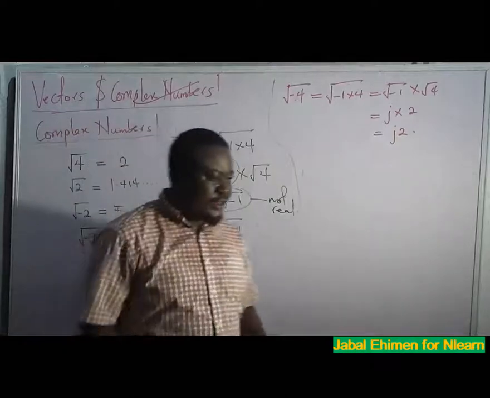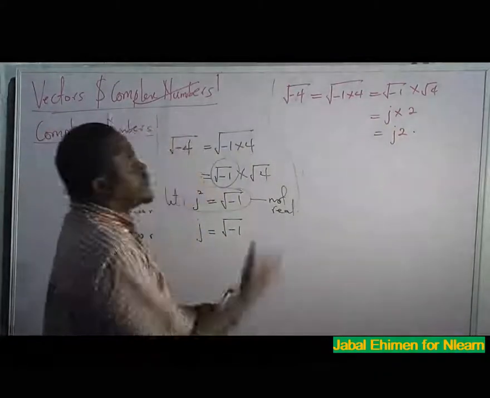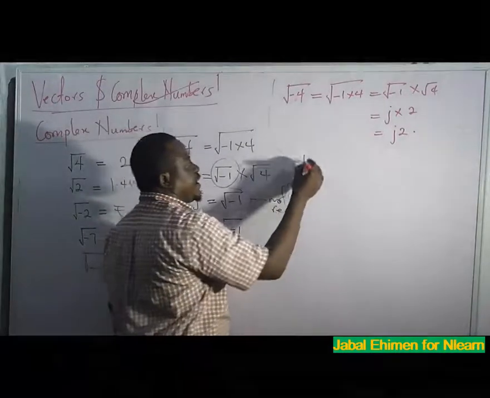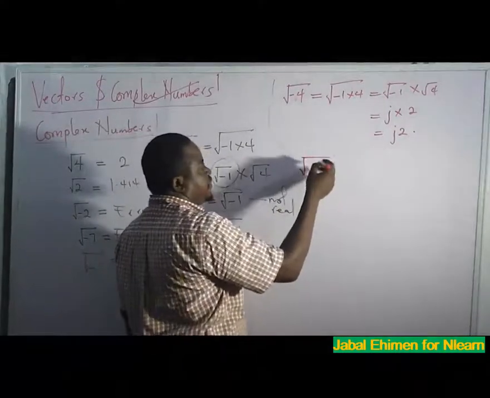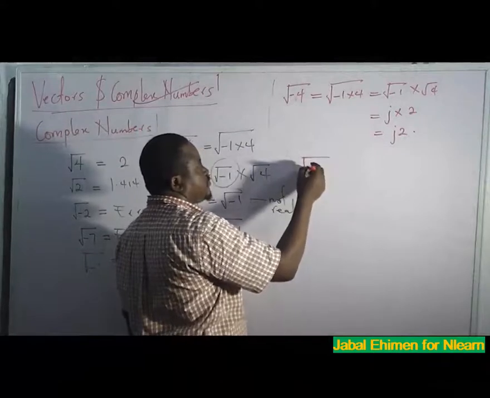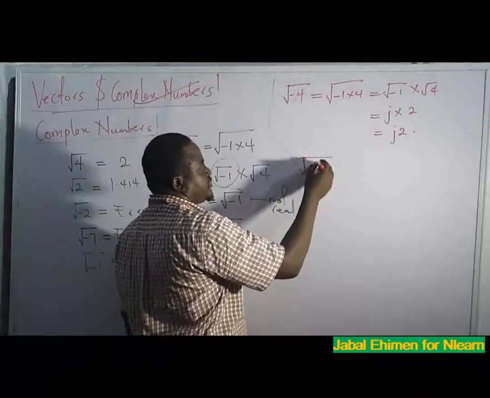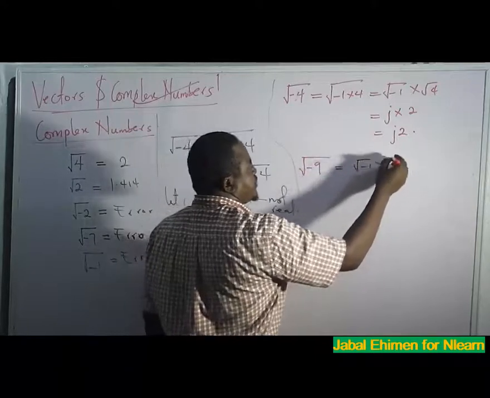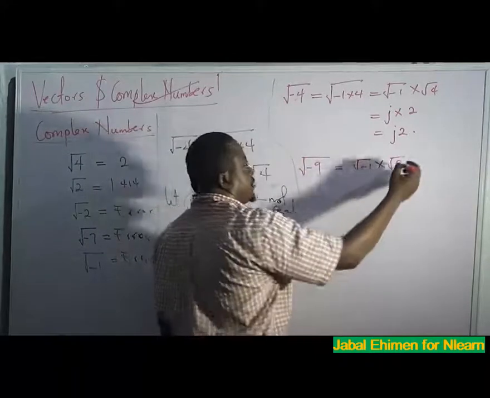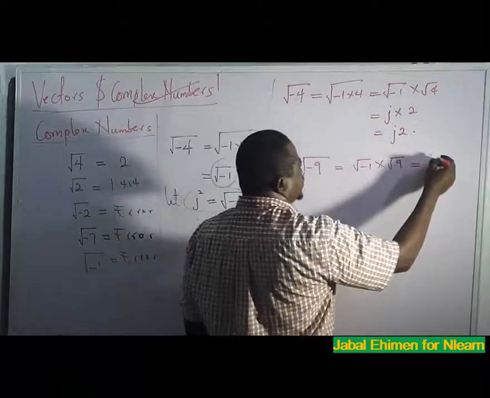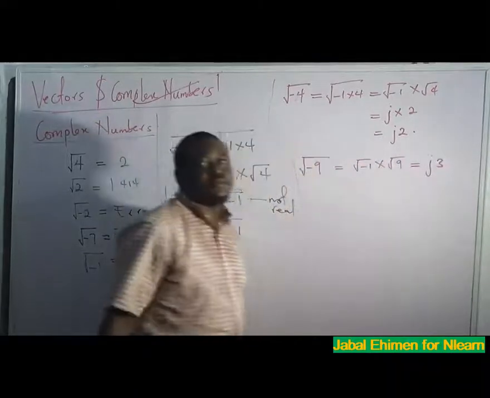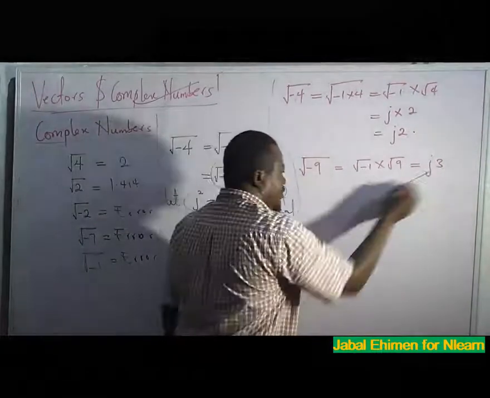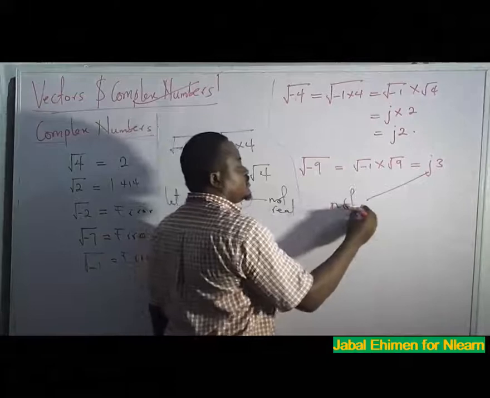So in recent value, I can write j2 as value. Now, what about if I have something like minus 9? That becomes root minus 1 times root 9, and I believe that will give me j3.